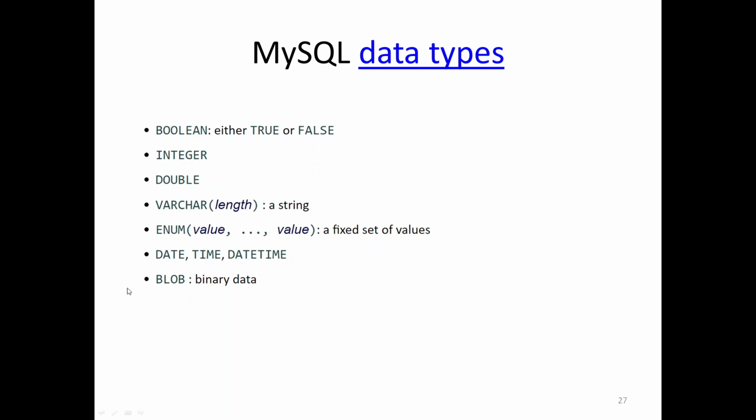It also has blob data types, which are used for storing binary data, or there is also a clob. Clob is a character large object, which is like a text. So text files could be stored in this particular data type.